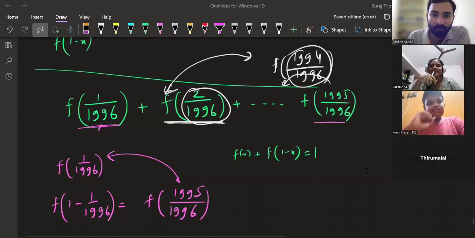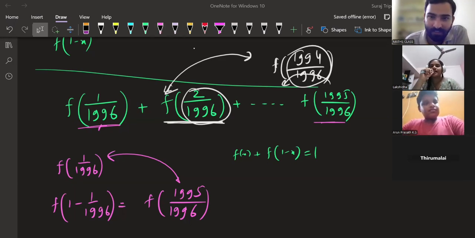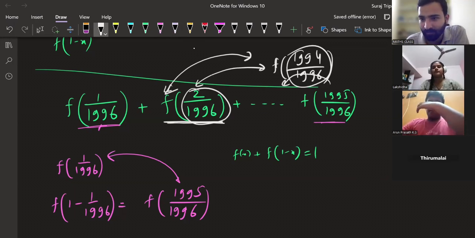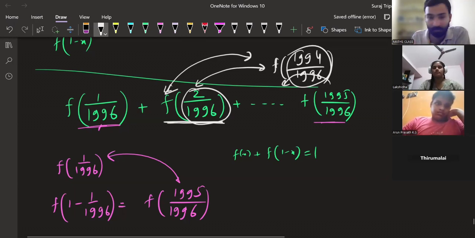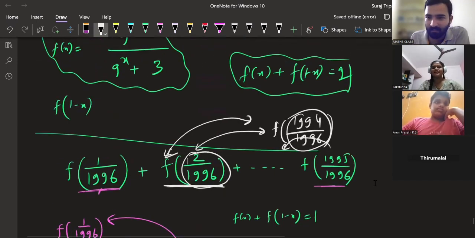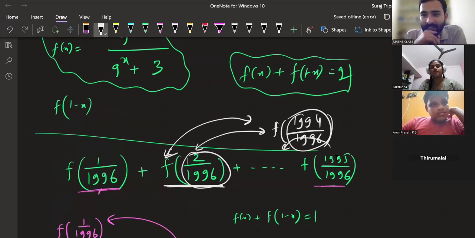Now, this second function from the starting and the second function from the last, the sum of these two functions will again become 1. Right? So similarly, how many functions do we have there? Like there will be around 1 to 1995, so a total of 1995 functions are there.